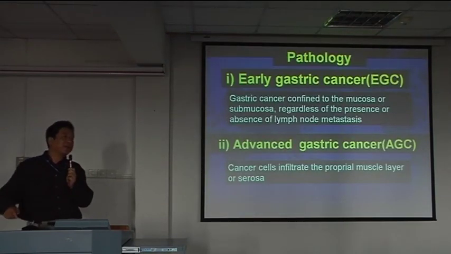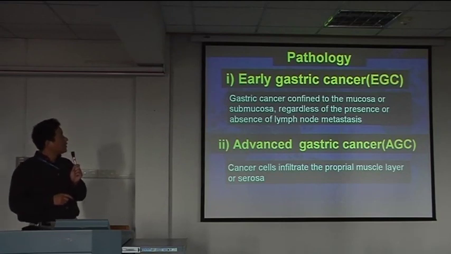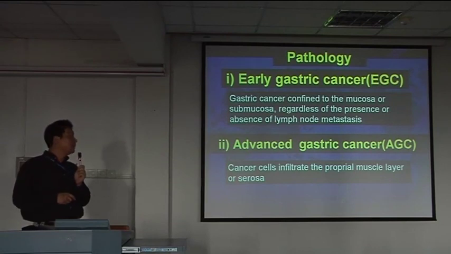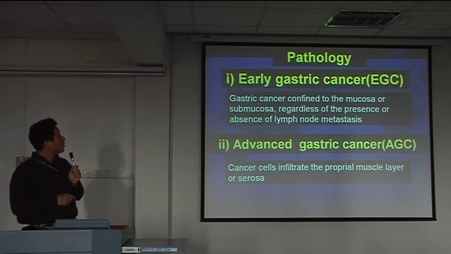According to the Japanese classification, gastric cancer can be classified into two types under endoscopy. One of them is early gastric cancer. This is the definition of early gastric cancer: gastric cancer confined to the mucosa or submucosa, whether or not lymph node metastasis is present.